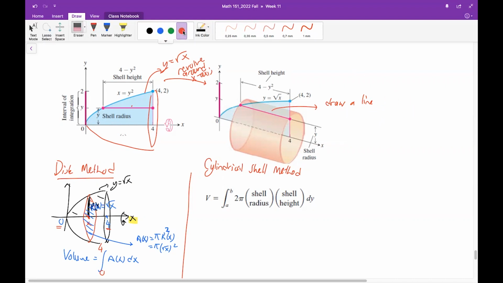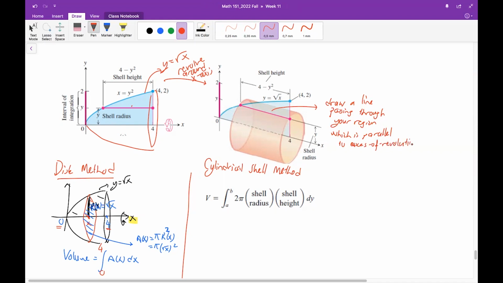Draw a parallel line, passing through your region, which is parallel to the axis of revolution.